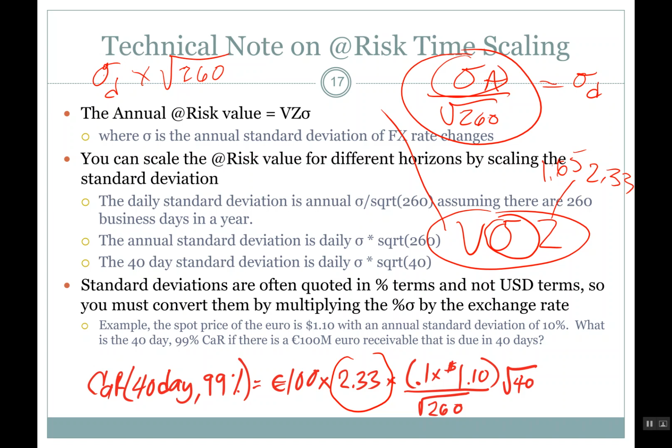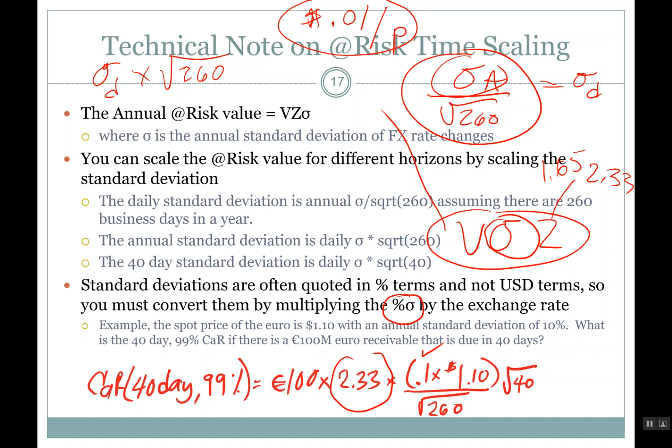All right. Also, one other small technical issue is often standard deviations aren't given to you like this, 0.01 penny per peso. A lot of times they're given to you as percentage standard deviations. So they'll say the percentage annualized standard deviation is 10%.